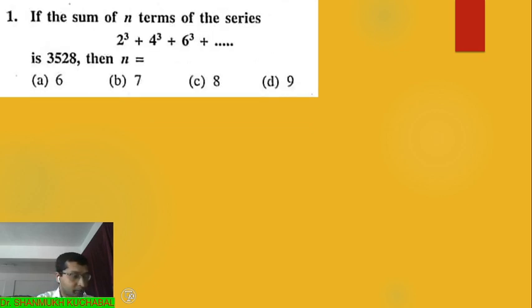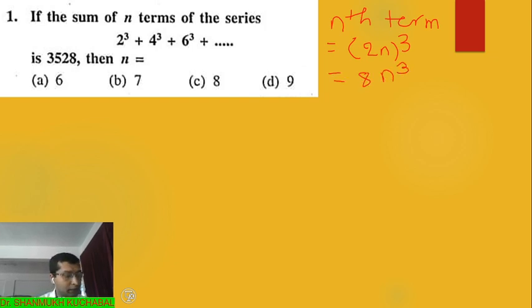So the procedure is, we'll write the nth term. Since 2, 4, 6 are even numbers, I can write (2n) raised to 3, which simplifies to 8n cube. The sum of n terms is S equal to 8, which we keep outside, times summation of n cube.